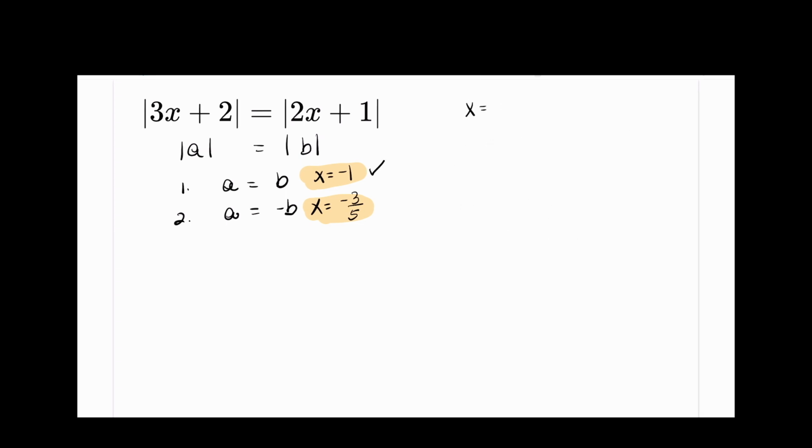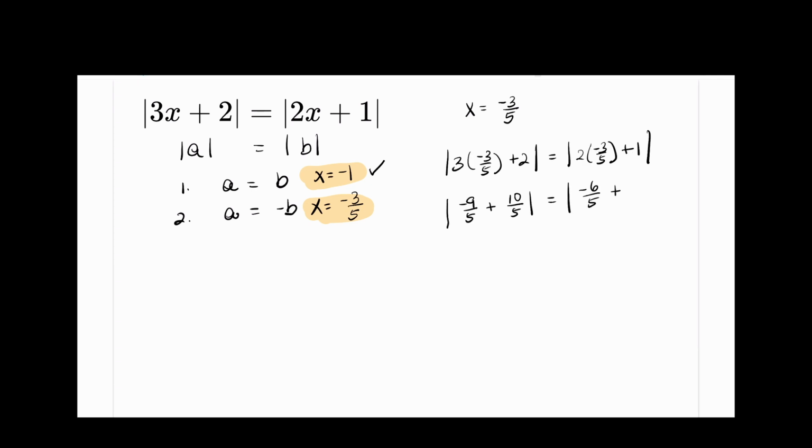Let's check the solution x is equal to -3/5. We're multiplying by -3, so it becomes -9/5. I'm changing +2 into 10/5, because 10 divided by 5 is 2.